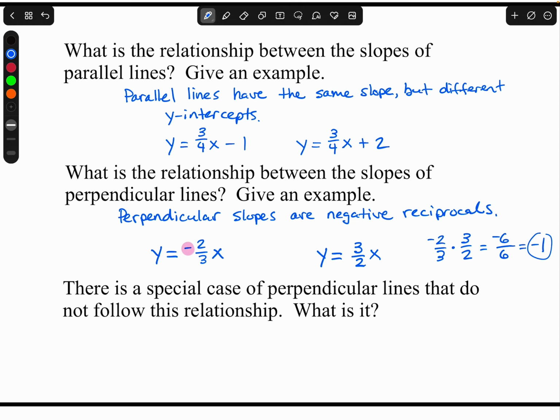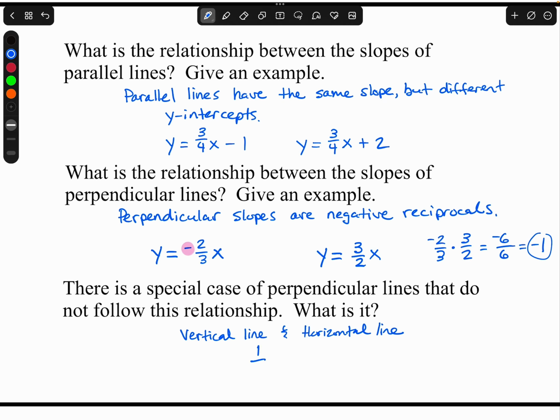And then they say, though, there is a special case of perpendicular lines that do not follow this relationship. And what is it? Well, the only way we could have two perpendicular lines here that don't multiply to give us -1 would be if we had a vertical line and a horizontal line.